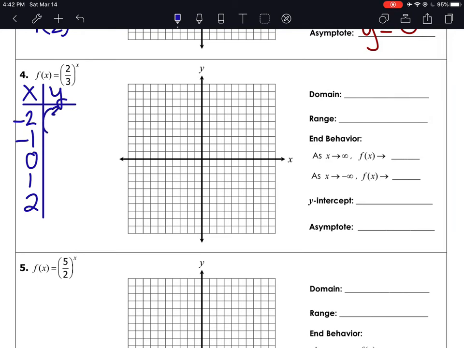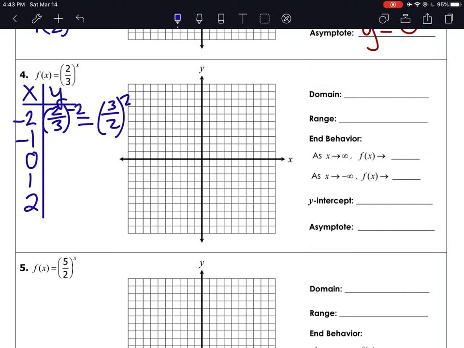I'm going to plug in -2 first. Remember, -2 can also be written as the reciprocal of the original, and the 2 will turn positive. 3 times 3 and 2 times 2 will give you your final answer of 9/2.